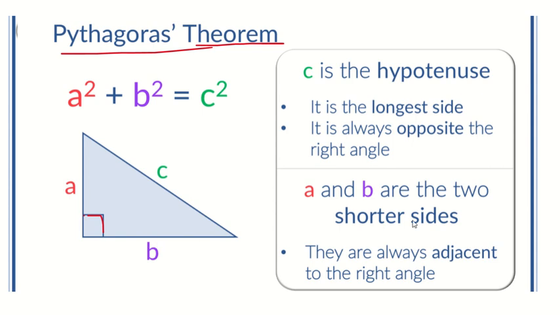A and B are the two shorter sides, always adjacent to the right angle. The hypotenuse is always the longest side. The relationship between these three sides is a squared plus b squared equal to c squared. The hypotenuse squared is equal to the sum of the squares of the other two sides. This is called the Pythagoras theorem.